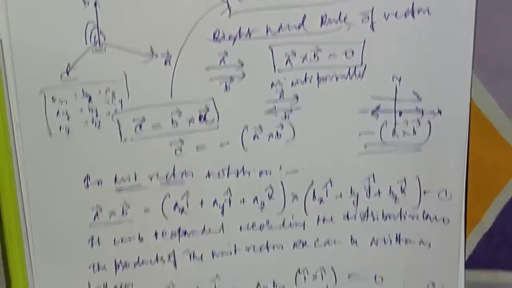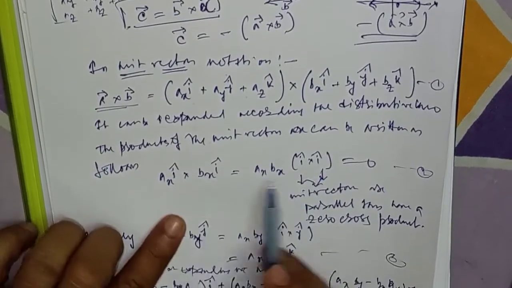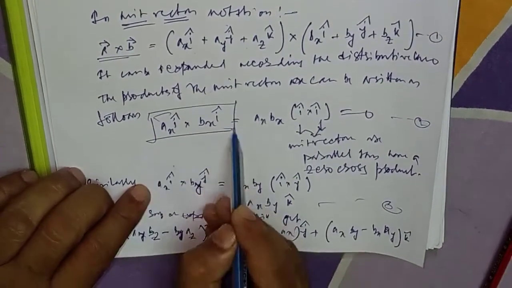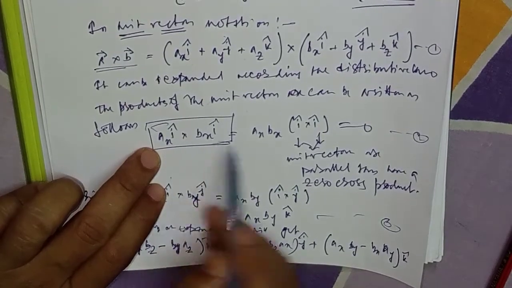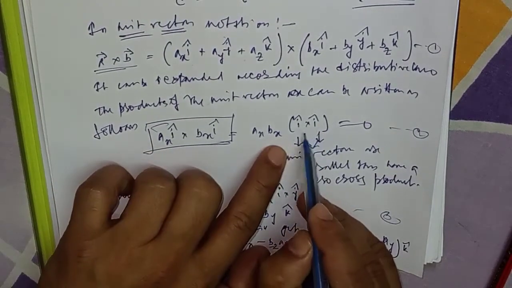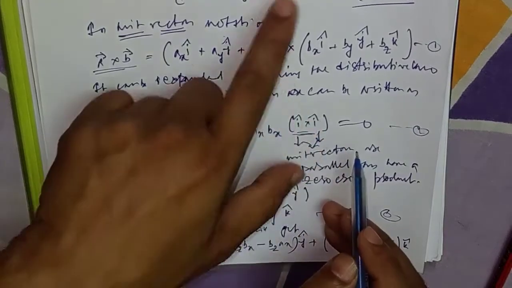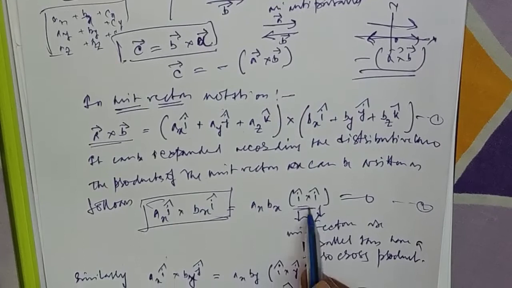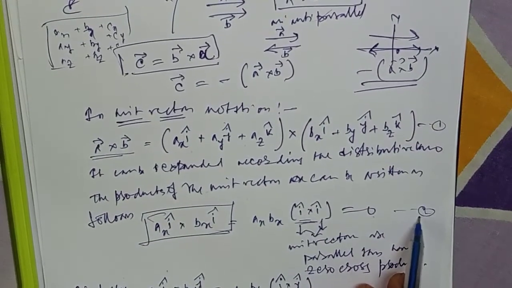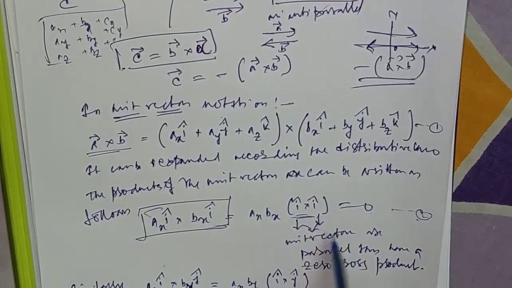According to this, the product, one after one, ax i with bx i will get what? It will be 0. We applied this here also. We got the second part, i into i, this unit vector.